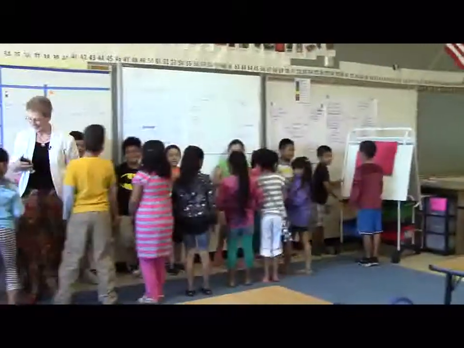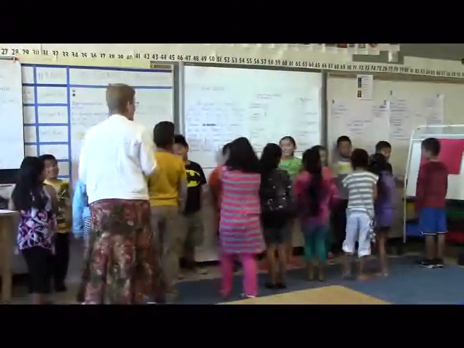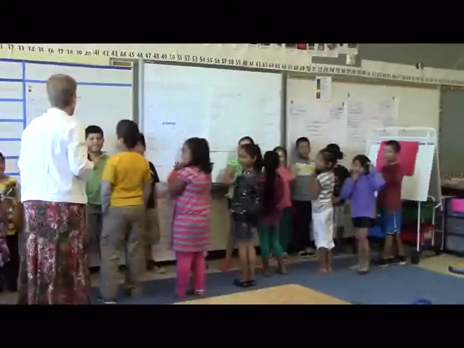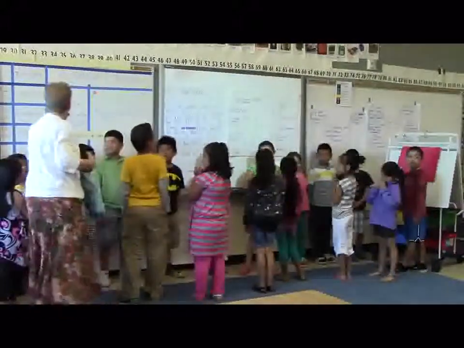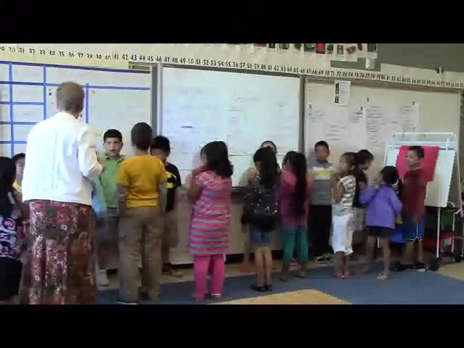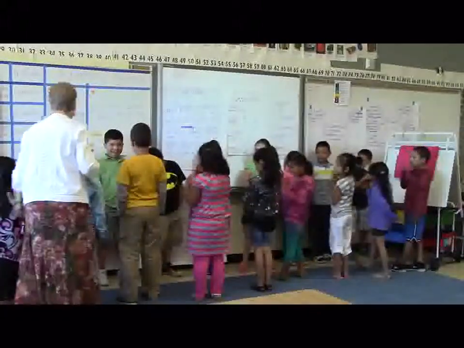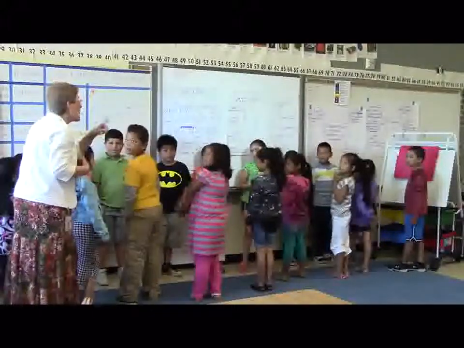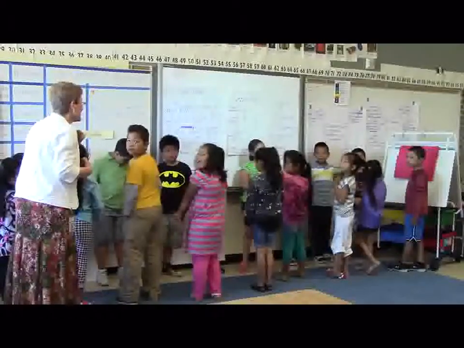Okay, now I'm going to make it hard. I think you know the answers very well now. So if you have your back to the wall and you're looking at me, you're going to ask the question this time, and those in this line are going to give an answer. Now each time you give an answer, try and use a different sentence, okay?